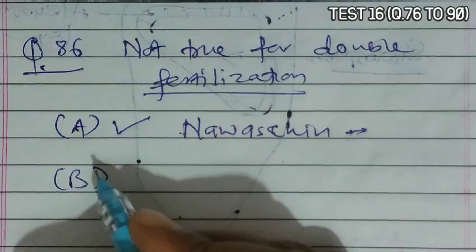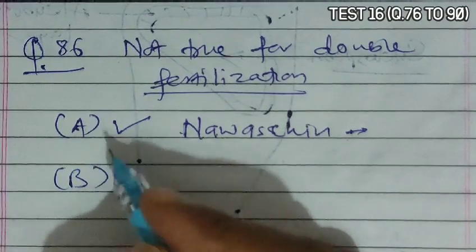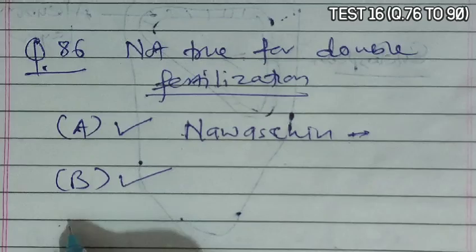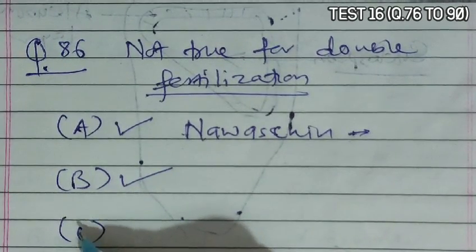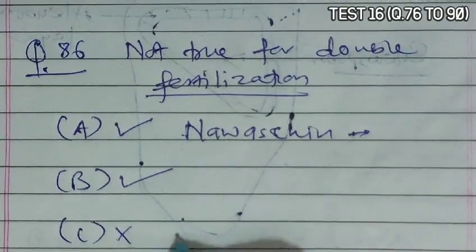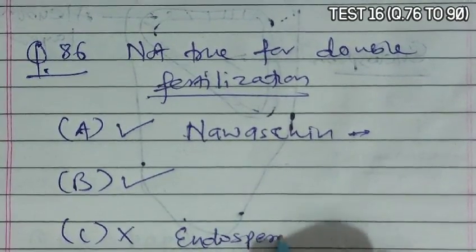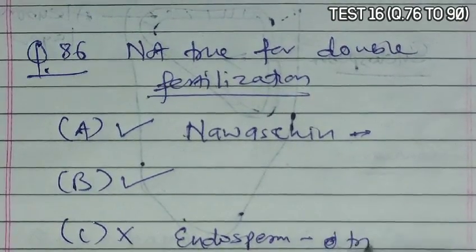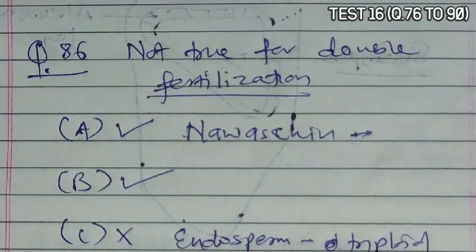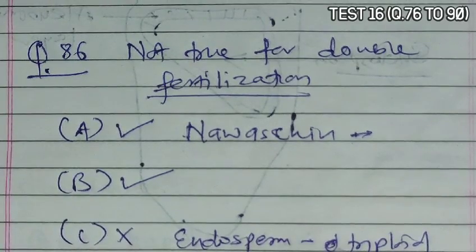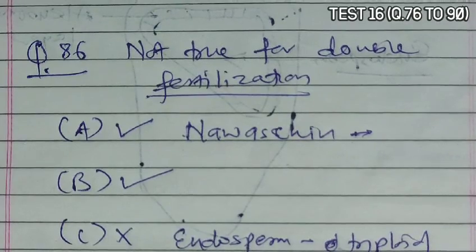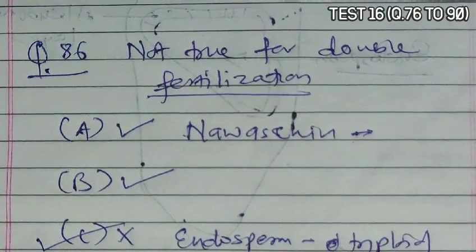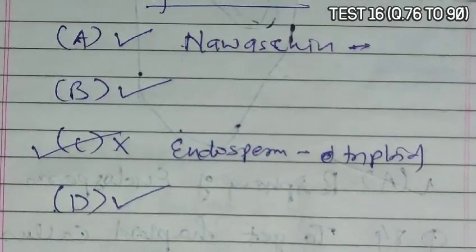Option B is male gamete and secondary nucleus used to form an endosperm. It is correct. Yes, endosperm is formed by the fusion of secondary nucleus and male gamete. Option C is endosperm nucleus is diploid. It is incorrect. Endosperm nucleus is triploid in case of angiosperm and double fertilization. And D is endosperm provides nutrition to embryo. Correct. Endosperm forms first and it provides nutrition to the developing embryo. So C is the correct answer.